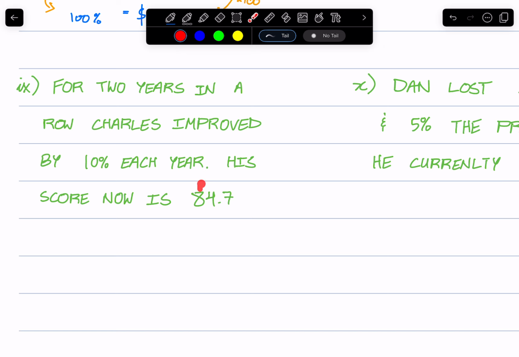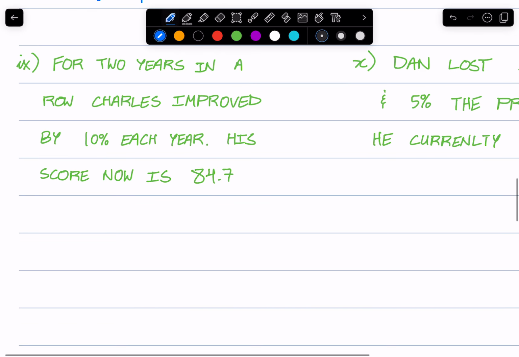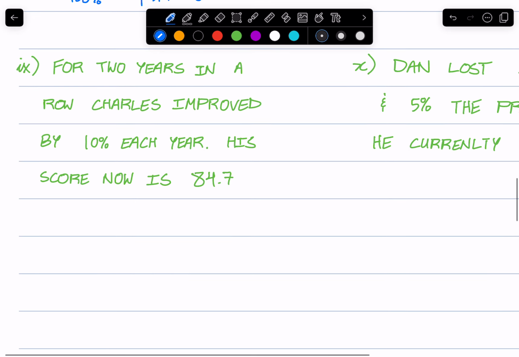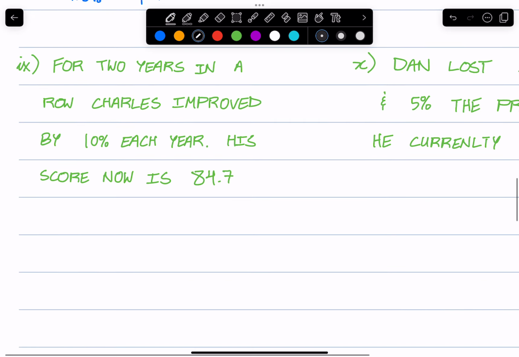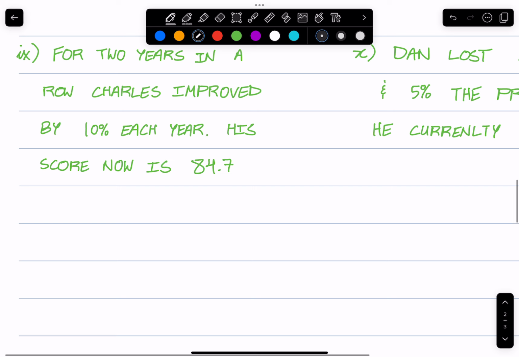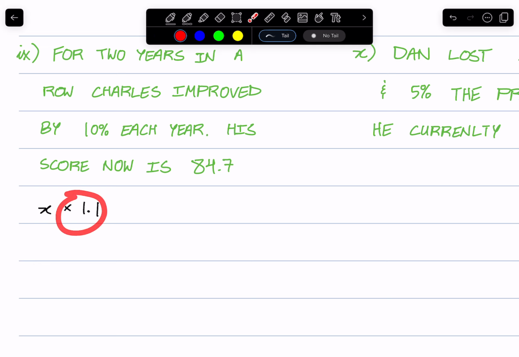His score now is 84.7. So in this case, let's say that the original amount is X. If we improve this by 10%, remember to improve by 10% is just multiplying by 1.1. This is the first year improvement.